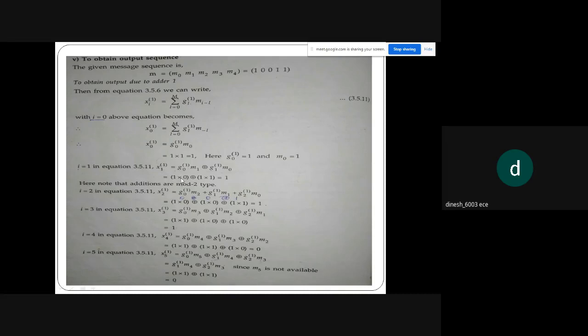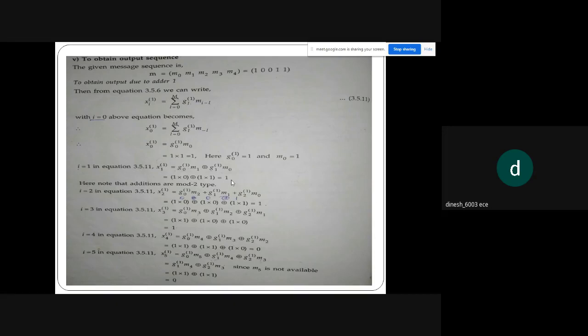These two multiplied we get 0, these two multiplied 1. So 0 modulo-2 addition 1, we get 1.